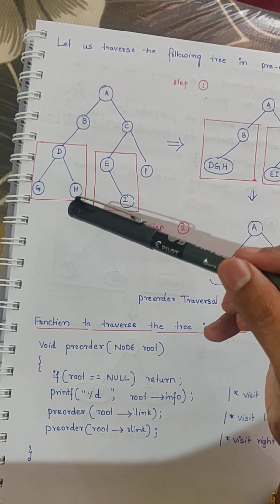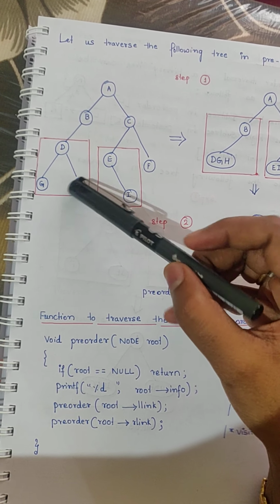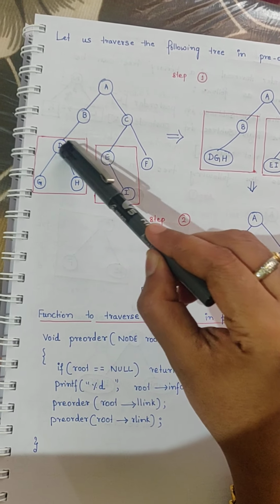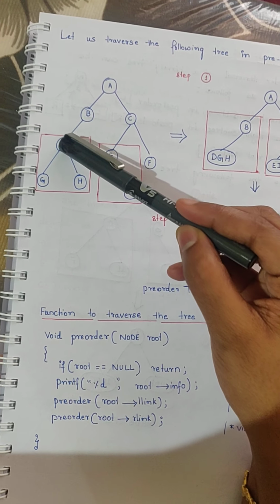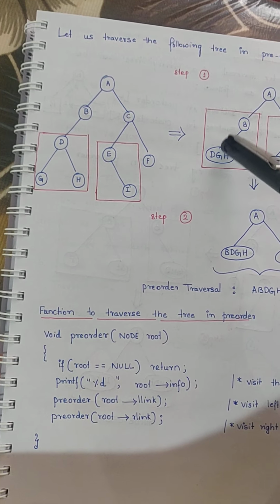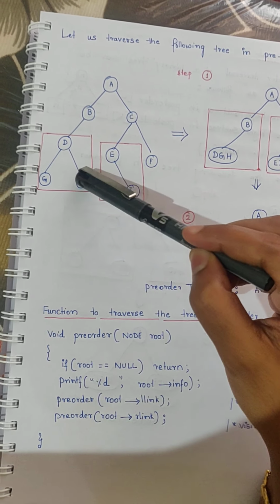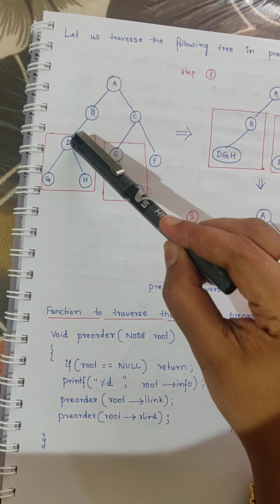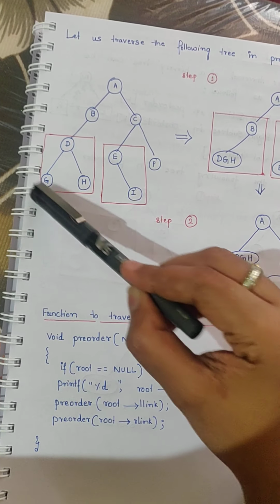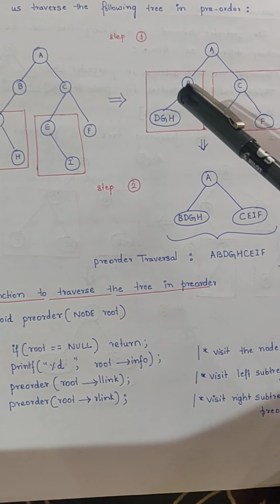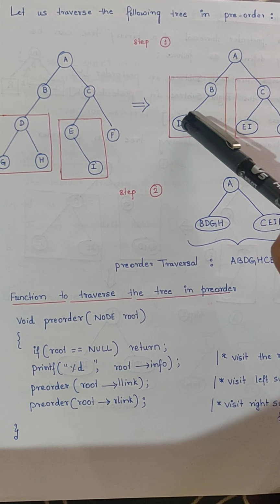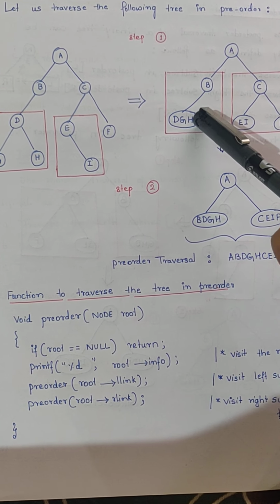So what happens here? When you are doing this tree, first you are visiting the root node. That is why I have written D first. Then after D, you will be going to G. Next, you will be going to H. So D, G, H. First you have visited the root node, then you have come for the left subtree, then you have come to the right subtree.